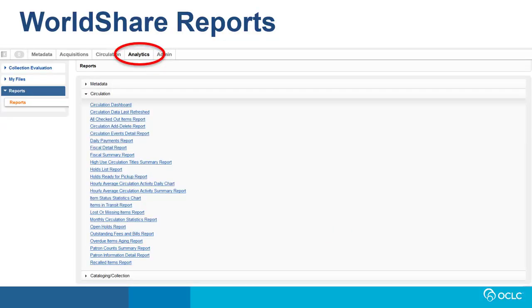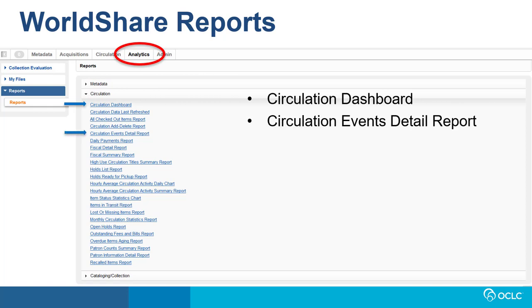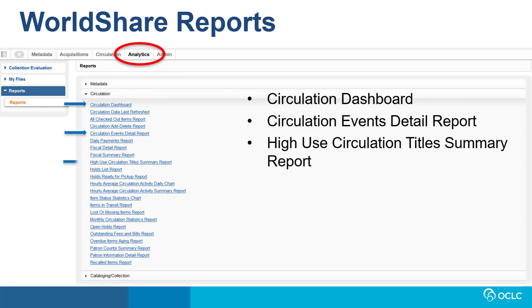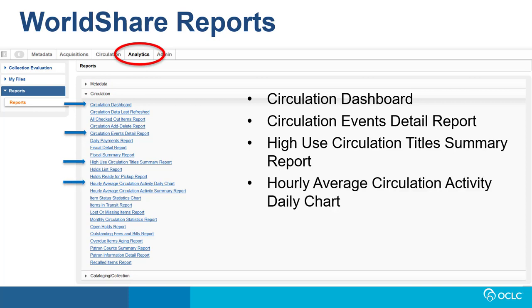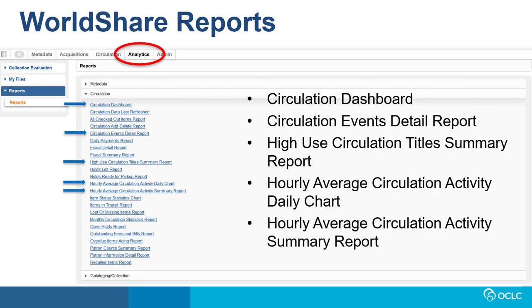There are also summary statistics reports available from the Analytics tab. Statistical data for non-loan returns or soft check-ins can be found in these standard reports: Circulation Dashboard, Circulation Events Detail Report, High Use Circulation Title Summary Report, Hourly Average Circulation Activity Daily Chart, Hourly Average Circulation Activity Summary Report, and Monthly Circulation Statistics Report.